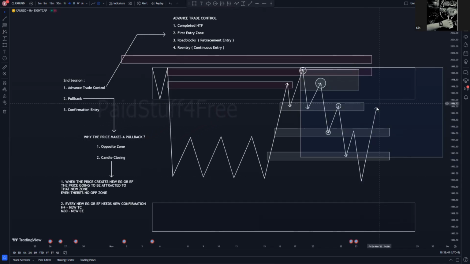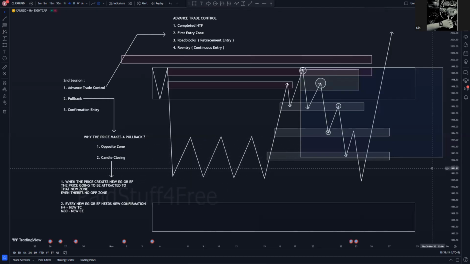The price is going to break the zone, right? So this answers the question just now: can the price create an EF but not manage to go to the exit zone? This is the risk. That's why we need to know where to monitor and what to look for. All right, get it?